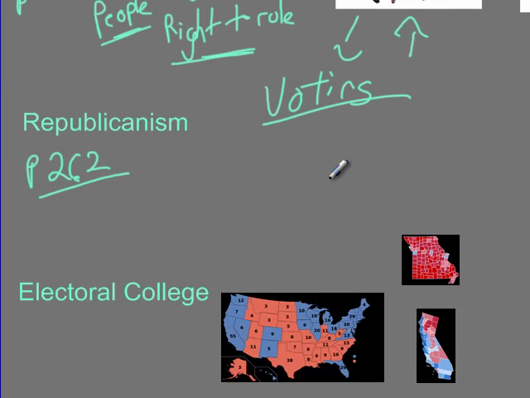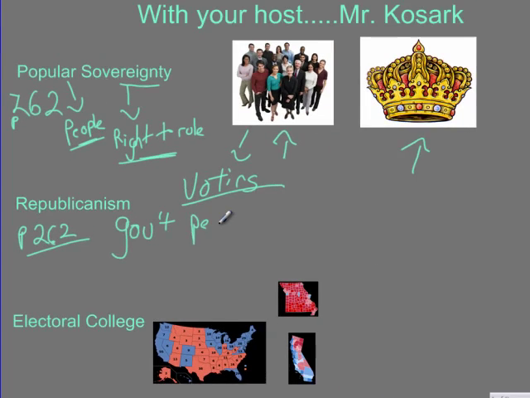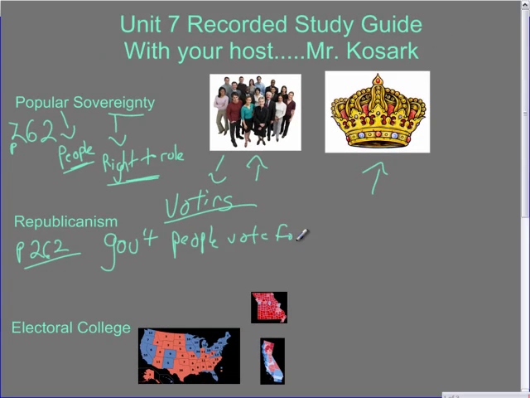Because they vote for representatives, we are practicing republicanism as well, because republicanism is a system of government in which people vote for representatives to govern them. So those 2 principles of the Constitution go hand in hand. You have popular sovereignty, where the people have the right to rule. They rule by voting, and in our government we use republicanism as well, so they are voting for representatives.